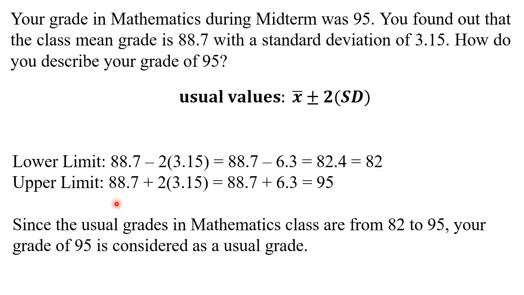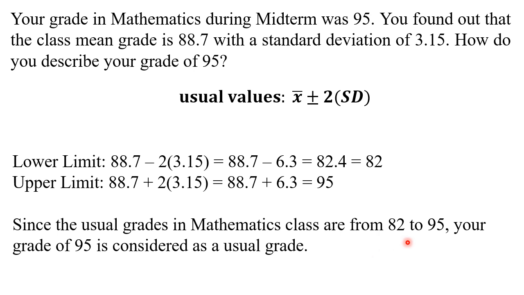While for the upper limit, class, 88.7 as the mean plus 6.3, which is the product of 2 times the standard deviation, the total, class, is exactly 95. So indicating, class, that since the usual grades in the mathematics class range from 82 to 95, your grade of 95 is considered a usual grade.